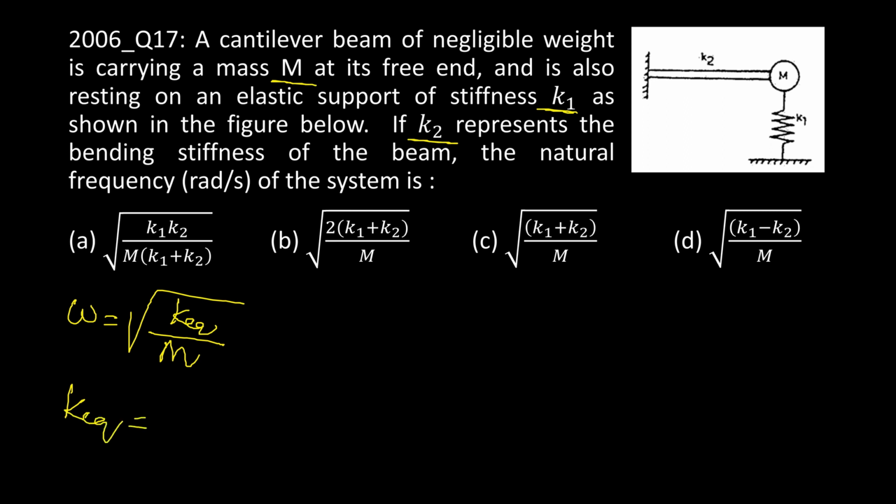So if we draw the equivalent spring mass system for the given system, we will have a beam which is having stiffness K2, where mass m is attached at its free end and is resting on an elastic support of stiffness K1.